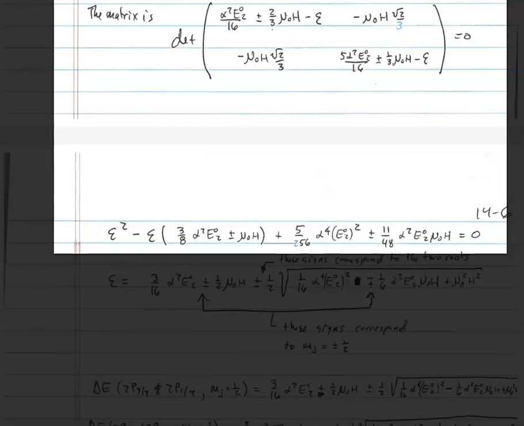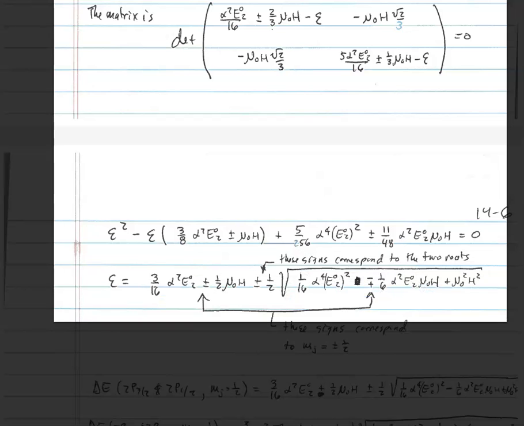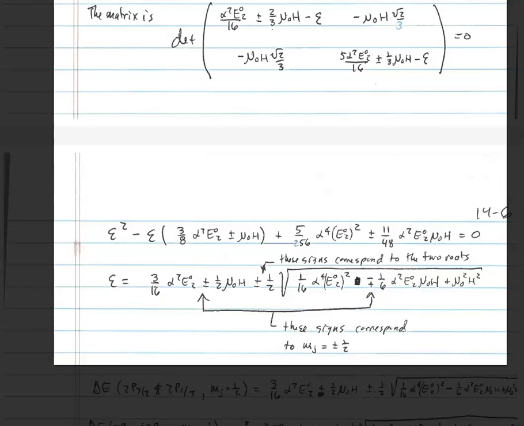Now it's a quadratic formula. We just plug into our equation. We're going to get 3/16 alpha squared E0 2 plus or minus 1/2 mu 0 H. And then we're going to get plus or minus 1/2 the square root. I have to square that term. So I'm going to get the 3/8 is going to get squared and give me 9/64.